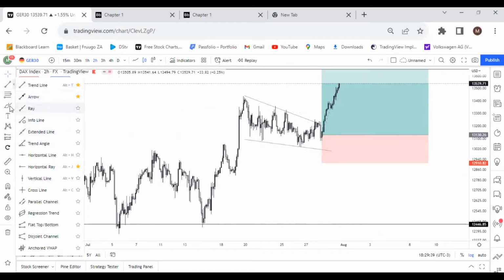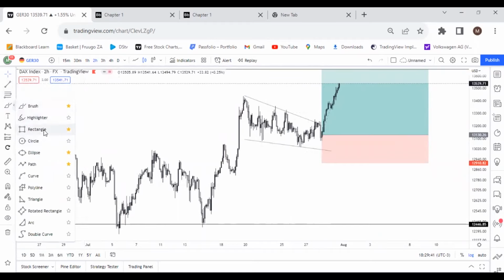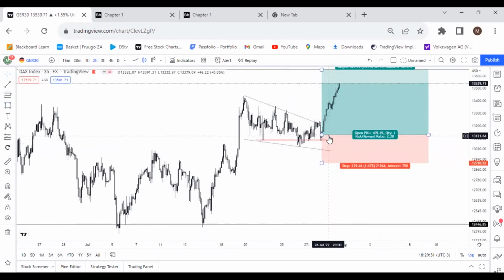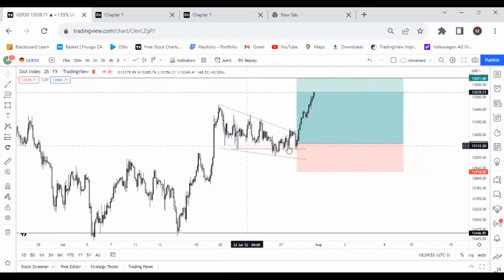And if you do want to confirm that point, you can just draw a horizontal line right there from the first touch, and it will give you more of an inverse head and shoulders.